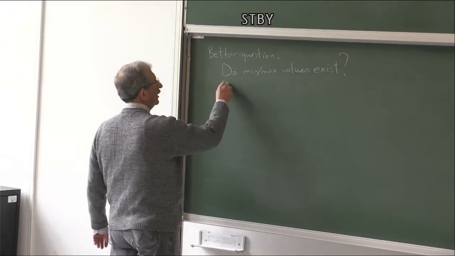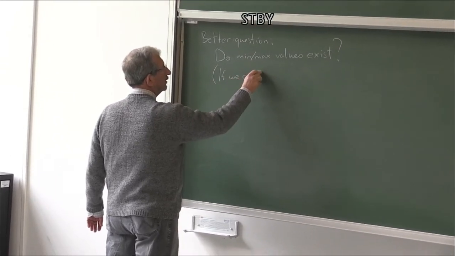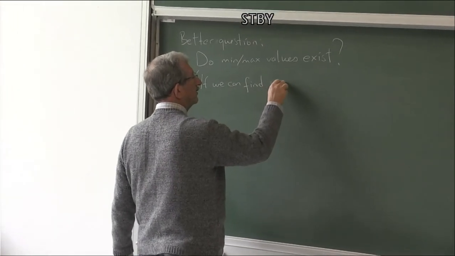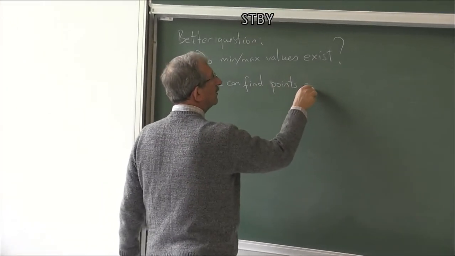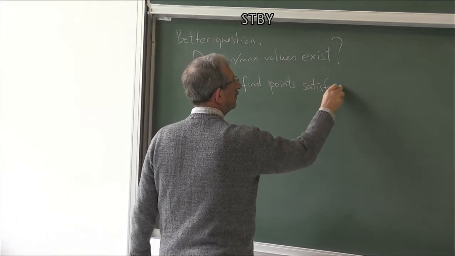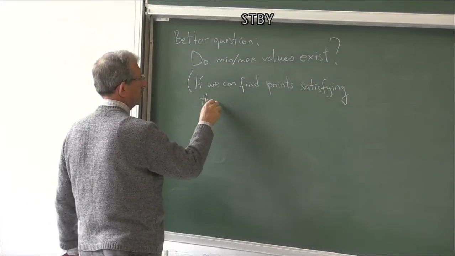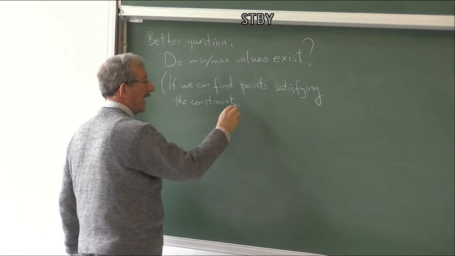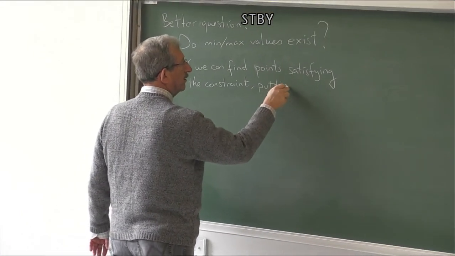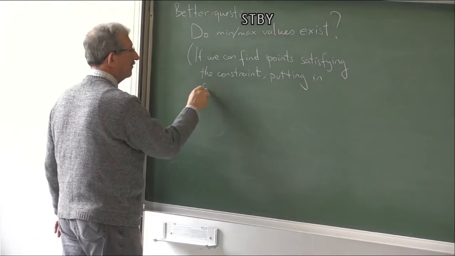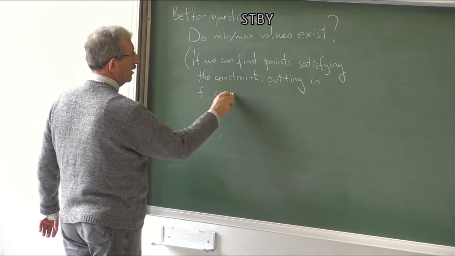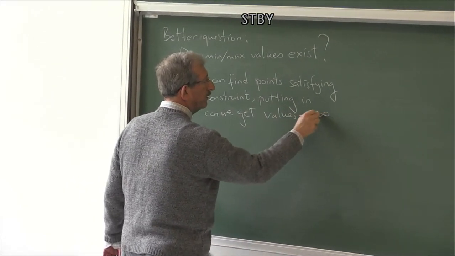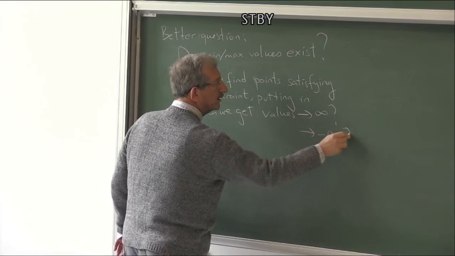Of course, if we can find values, that is points, satisfying the constraint, and putting them in F, can we get values going to infinity, going to minus infinity?